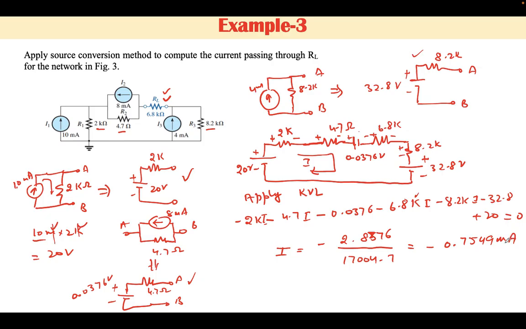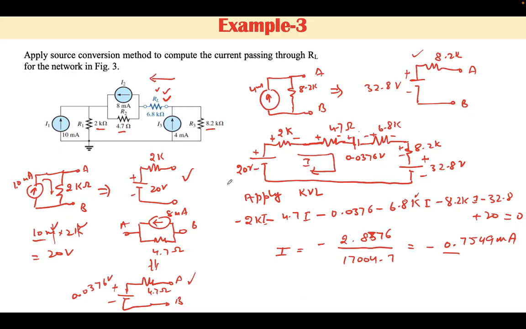Since we have to find out the current only through resistance RL, the current through this resistance, and because the direction of current was considered clockwise, however the final sign is negative, we can say that in the original network the current is flowing opposite to the direction we considered.